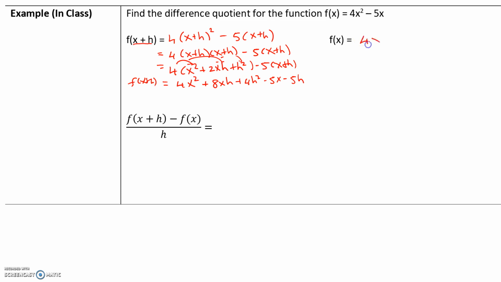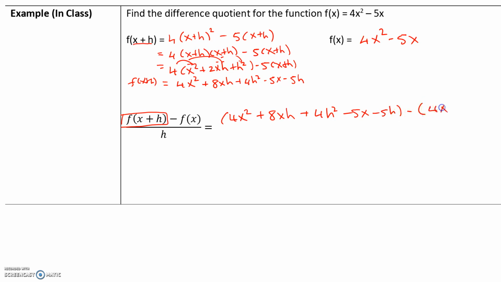F of x we know is just 4x squared minus 5x. That's the easy part. Now let's put all this together. First, we're going to replace f of x plus h with its equivalent expression. So in parentheses, I have 4x squared plus 8xh plus 4h to the second power minus 5x minus 5h.